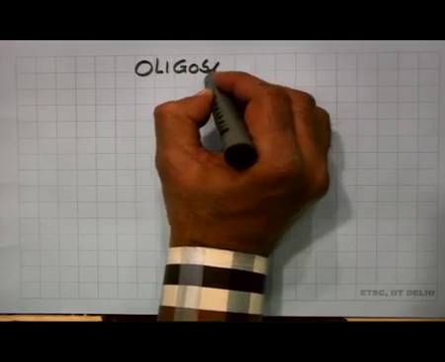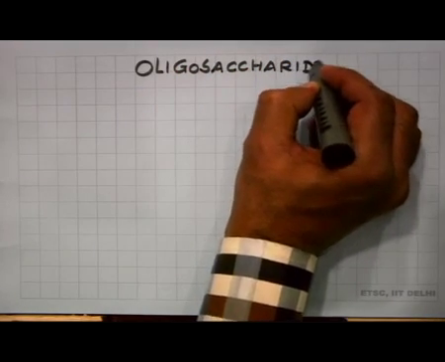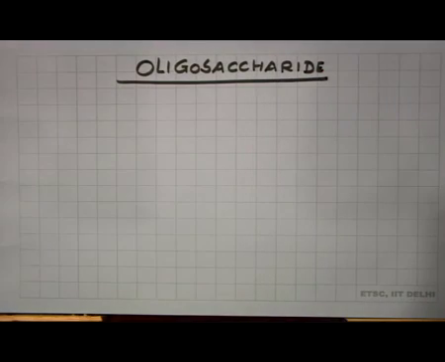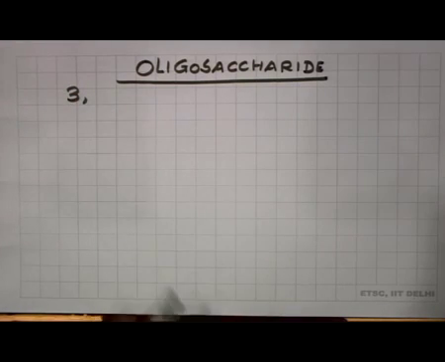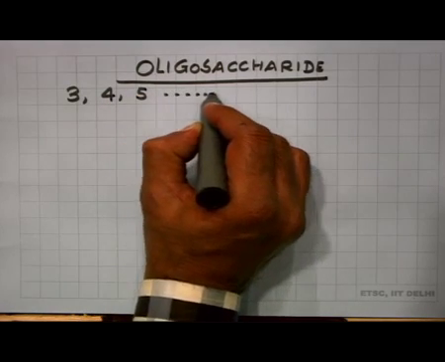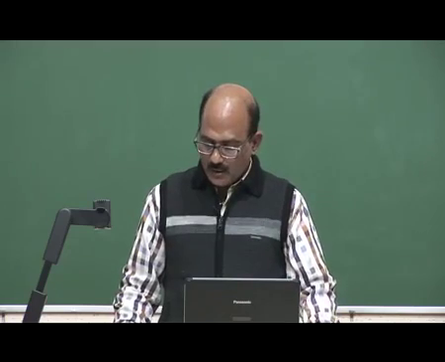Now, another type of oligosaccharide. When the oligosaccharide gives 2 monosaccharides, that is called a disaccharide. If it gives 3, 4, 5 molecules of monosaccharide, up to 9 molecules of monosaccharide, that is called an oligosaccharide. Now, see the structure.